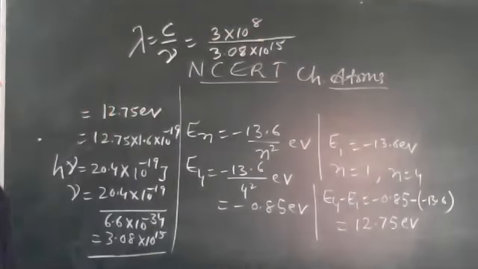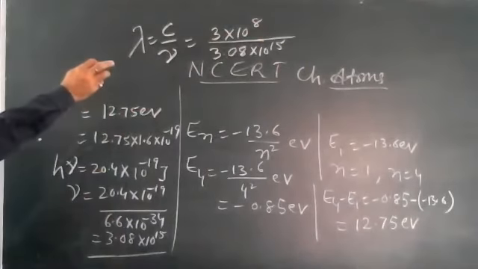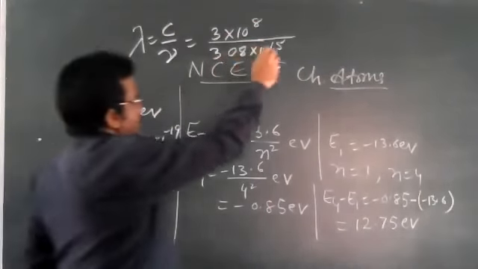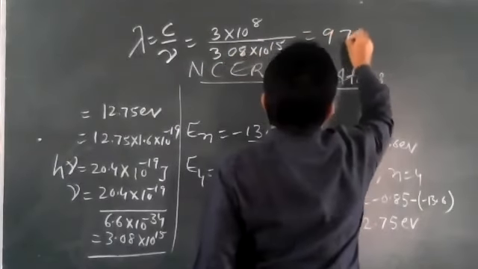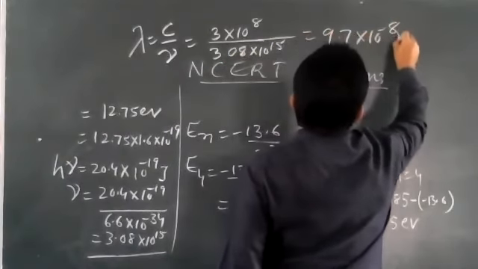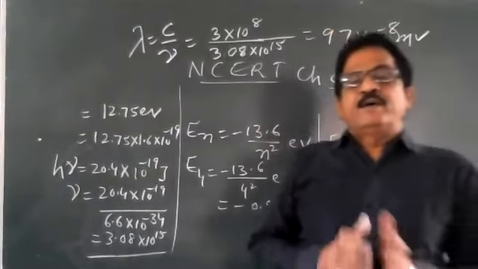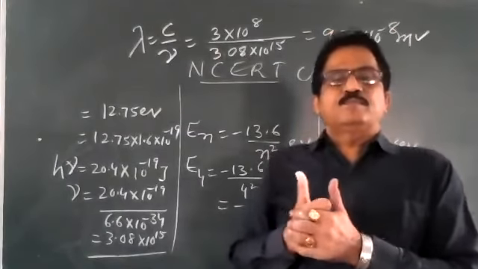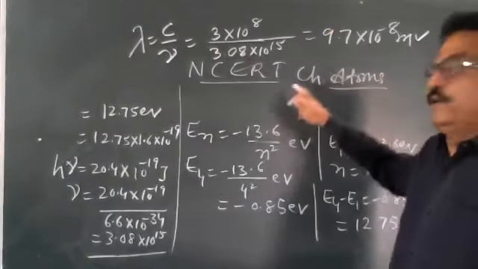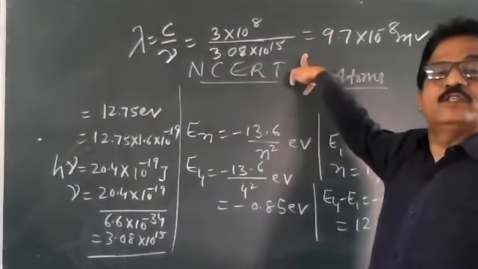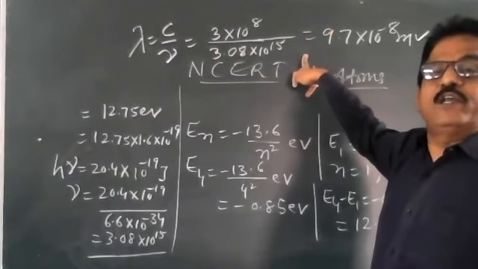So we will get 9.7 into 10 raised to power minus 8 meter. This is the answer here. Write down: lambda is equal to C by nu.